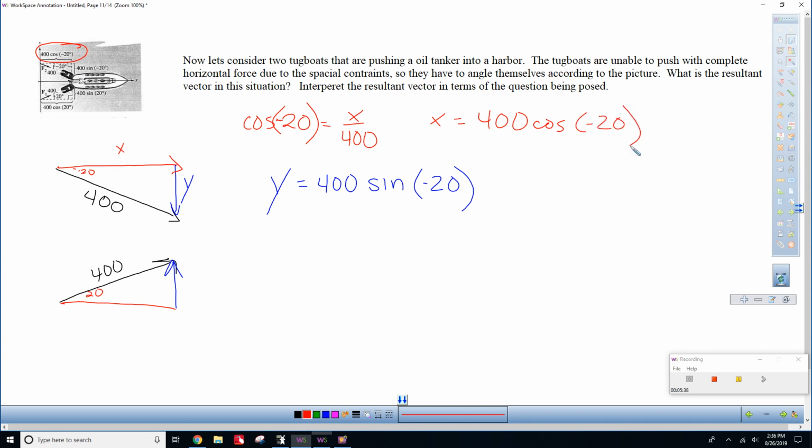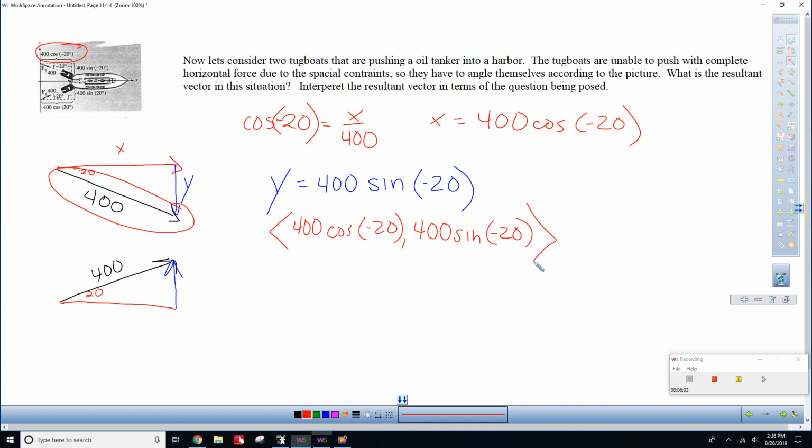So I can break this vector up using trig. The answer is <400 cos(-20), 400 sin(-20)>.